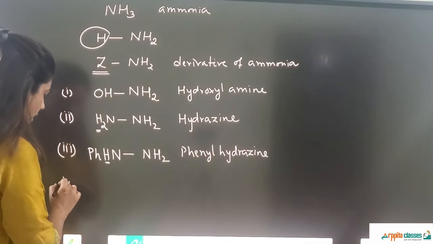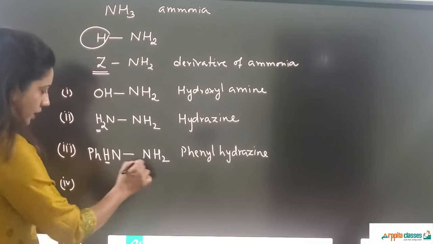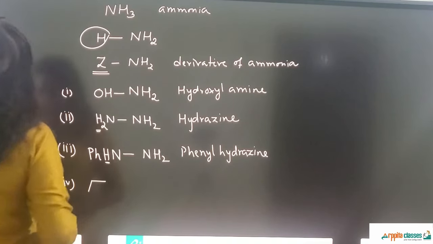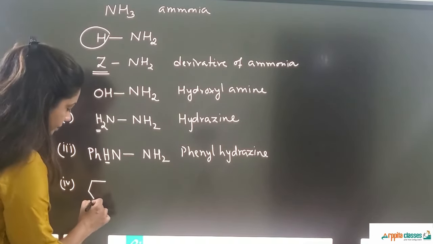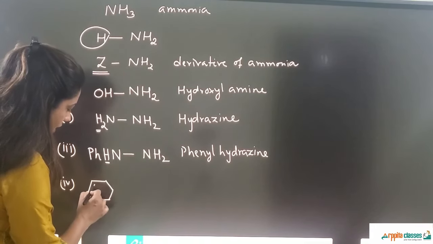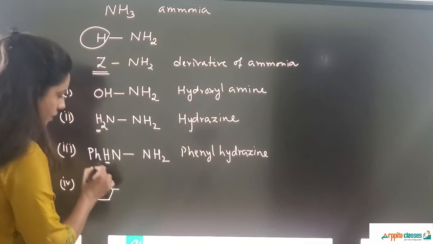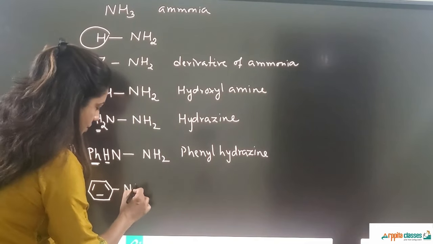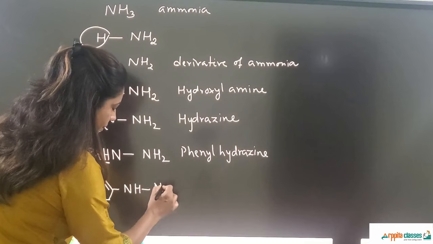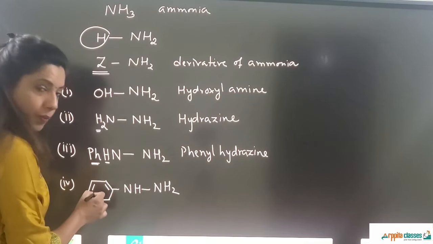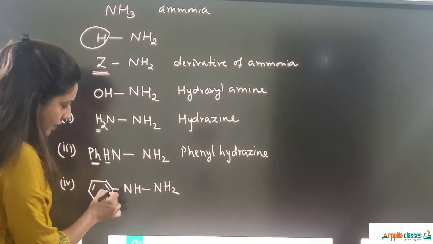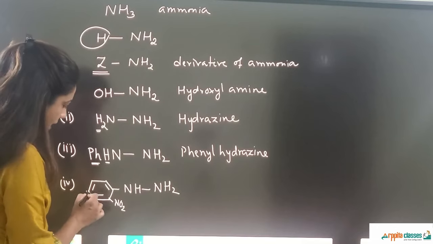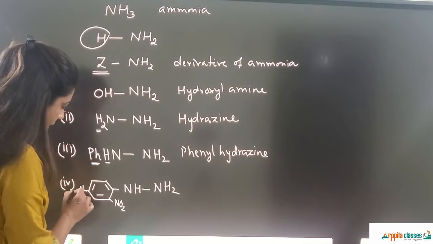Number 4. Now I'll write the whole thing here. This is your phenyl, I'm writing it like this. The rest of the thing I'll write as it is, NH and then NH2. Now in the phenyl group, this is the first carbon atom. On the second carbon atom I will add one NO2, and on the fourth carbon atom I will add one NO2.